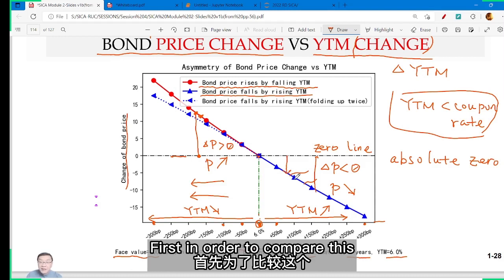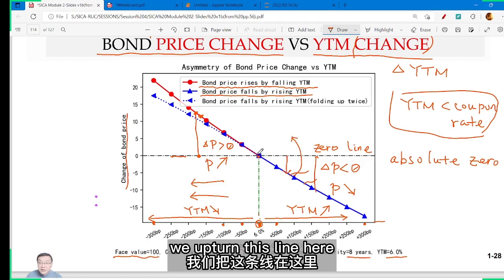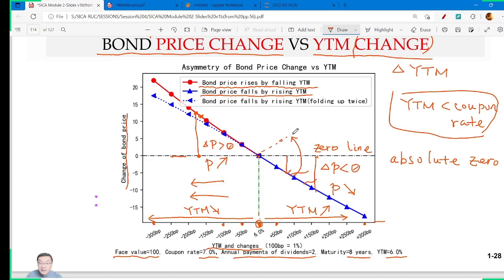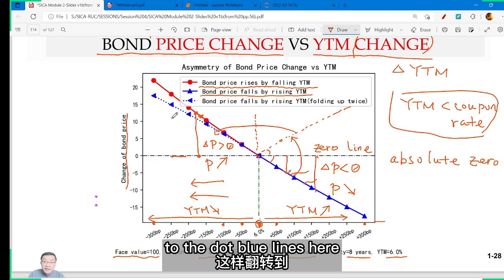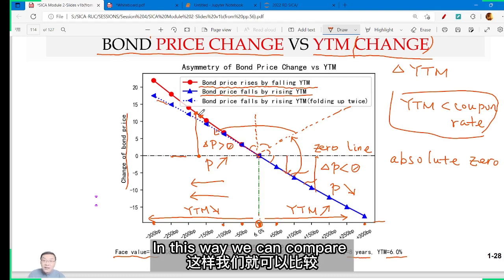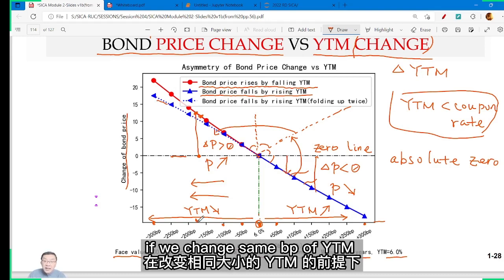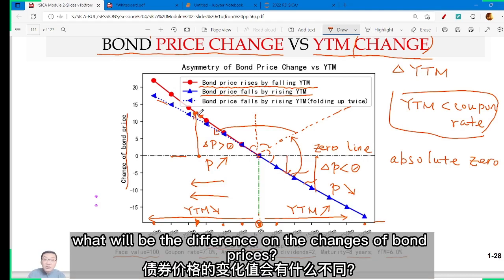First, we upturn this line here with the same angle. Then we turn the line in this way to the dotted blue line here, in the same angle. In this way, we can compare, if we change the same BP of YTM, one direction increase, another direction decrease, what will be the difference in the changes of bond prices?